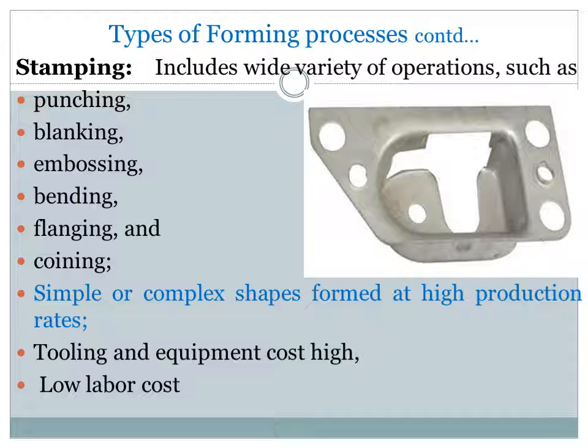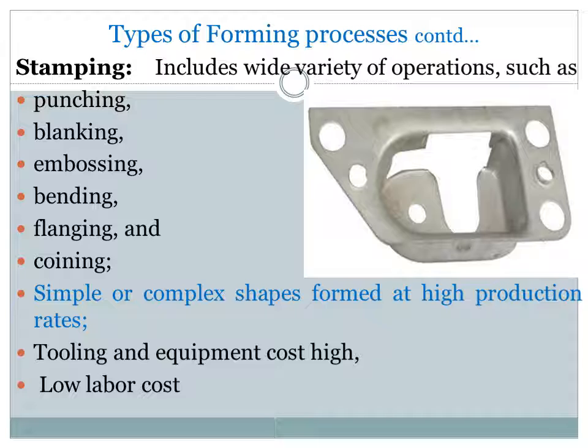The typical part is shown in the diagram where various cutting operations, punching operations, and forming operations are combined on a single part, and a final product is made by applying all the above processes.